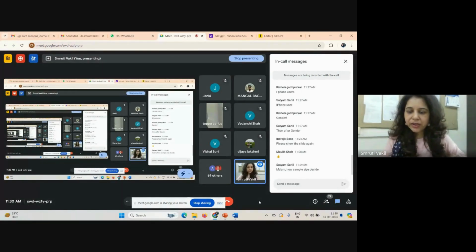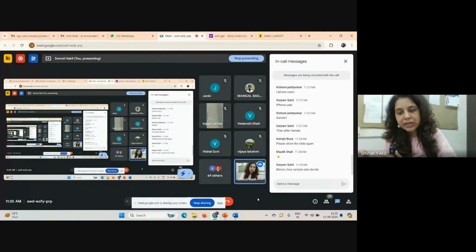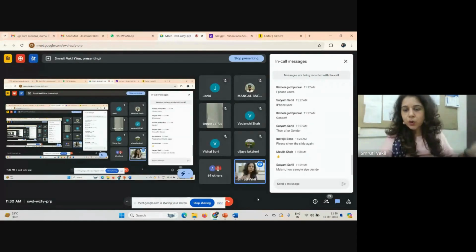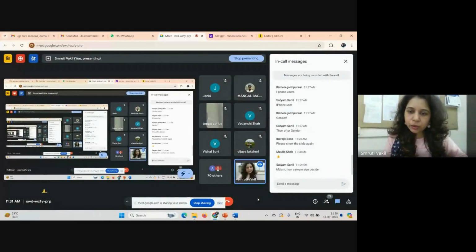There could be four types of each. You can refer to Deepak Chawla. Obviously, I can't go on about sampling for the whole lecture. It is written very nicely in Deepak Chawla about the sampling methods.